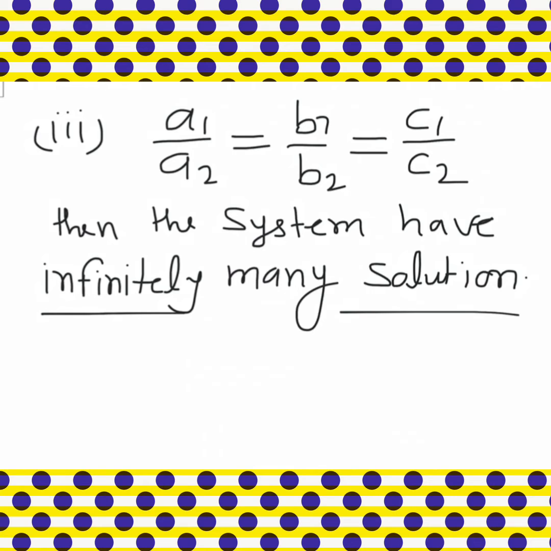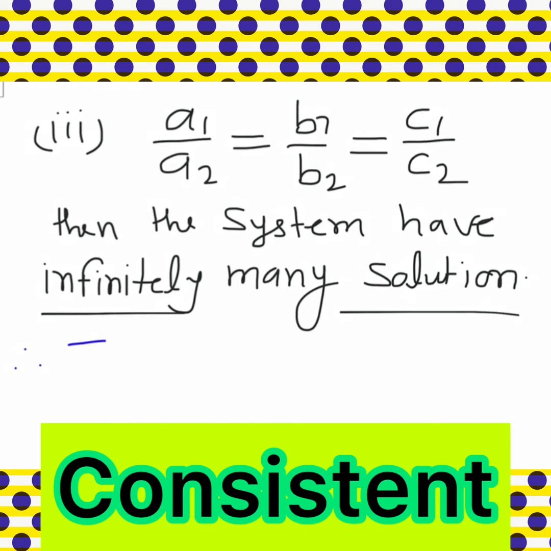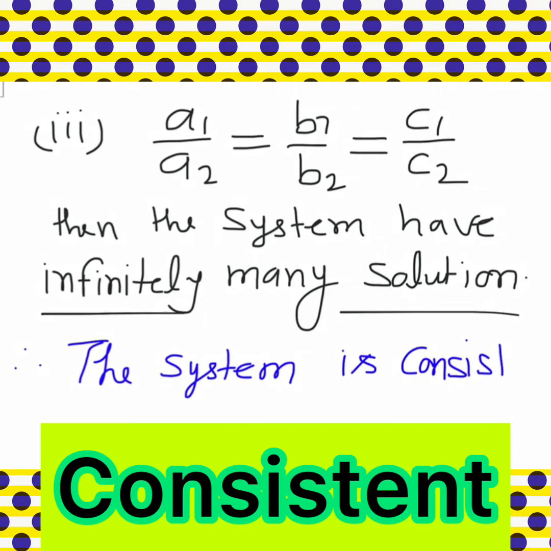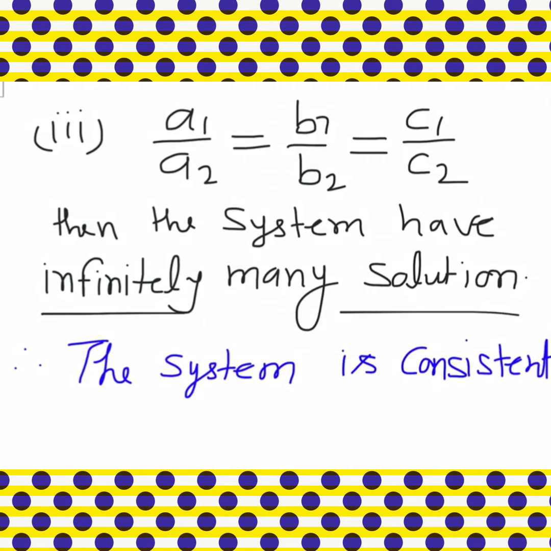Infinitely many solutions means the system is consistent. If there is one solution, then the system is consistent. If there are two solutions, then the system is consistent. And if the system has infinitely many solutions, the system is also consistent. But if a system has no solution, then we can say that the system is inconsistent.